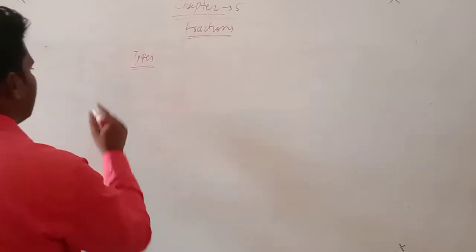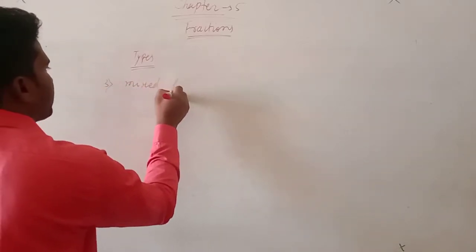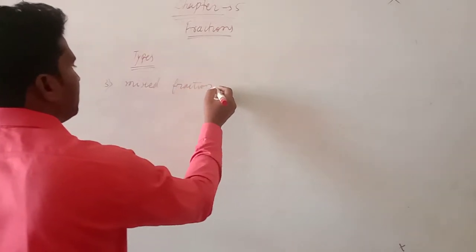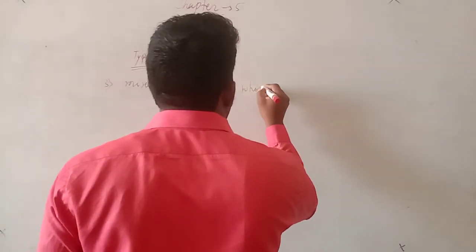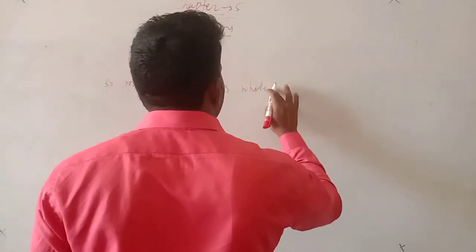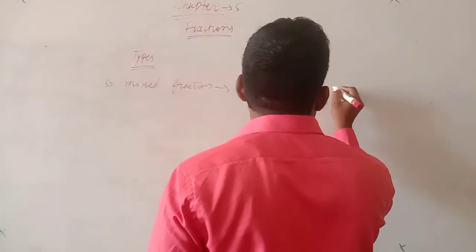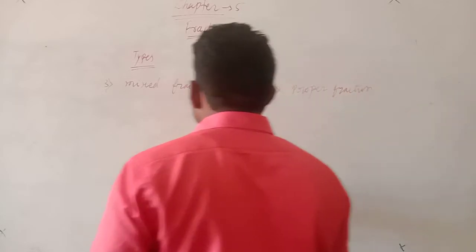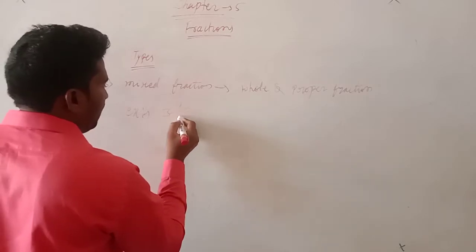Next, the third one, mixed fraction. It is a combination of a whole and a proper fraction. For example, 3 whole 1 by 5.